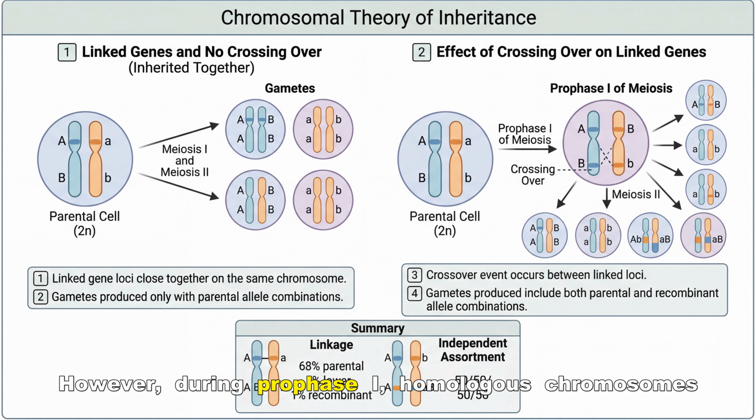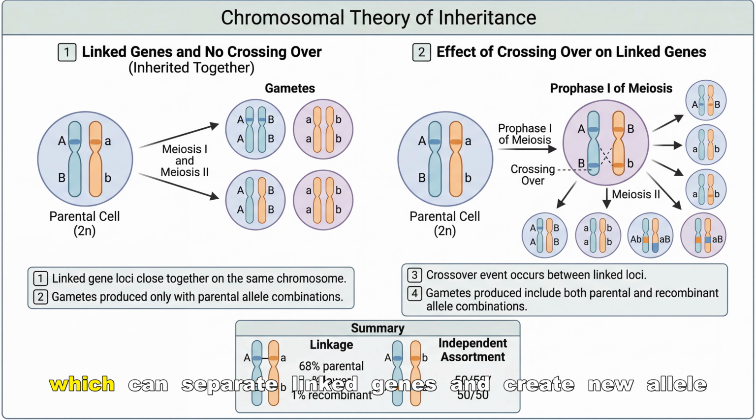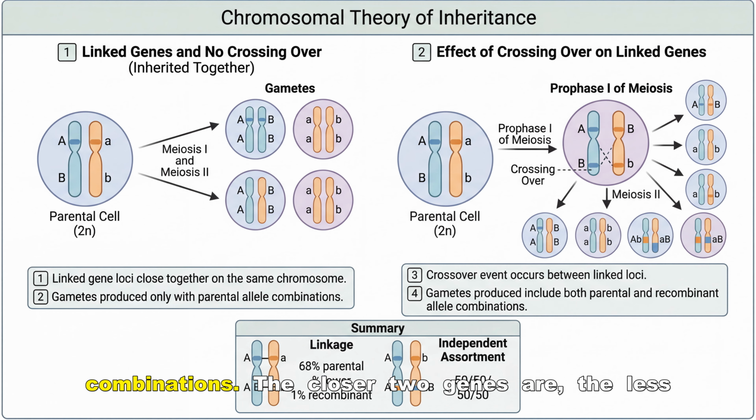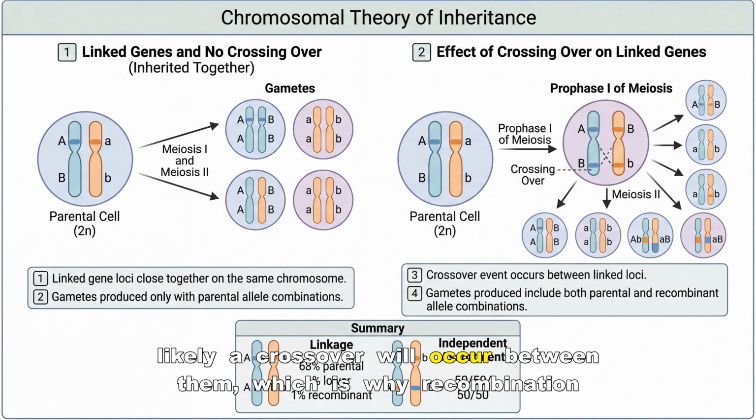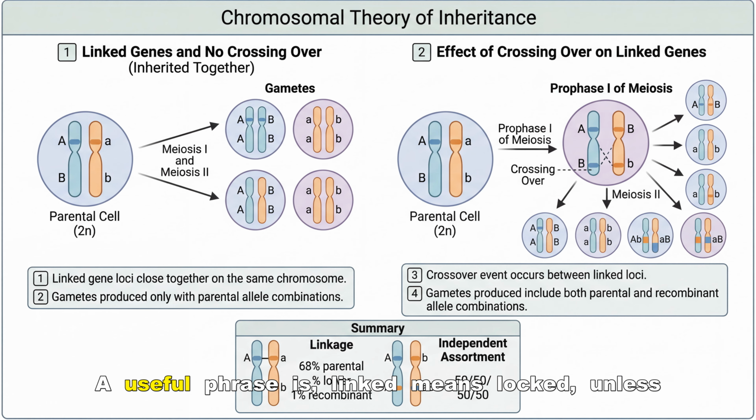However, during prophase 1, homologous chromosomes can exchange segments in a process called crossing over, which can separate linked genes and create new allele combinations. The closer 2 genes are, the less likely a crossover will occur between them, which is why recombination frequency can be used to estimate genetic distance. A useful phrase is linked means locked, unless crossed.